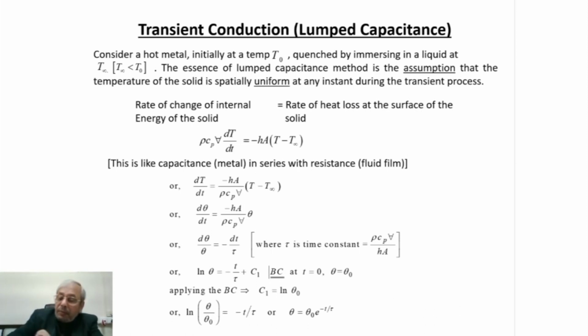So we can write d theta by theta equal to minus dt by tau, where tau is the time constant, rho Cp V, the volume of the material, divided by hA. If we work out, we will find that the final dimension will be second. So basically time constant is in seconds.